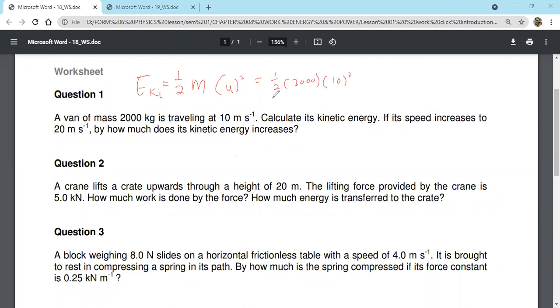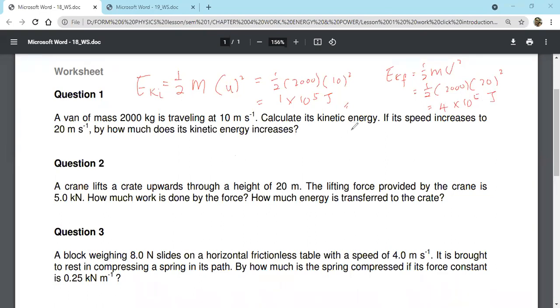So we get 1 times 10 to the power 5 joule. For EK final equal to 1/2 m v squared, it will be 1/2 times 2000 times v, which is 20 squared. So we get 4 times 10 to the power 5 joule.